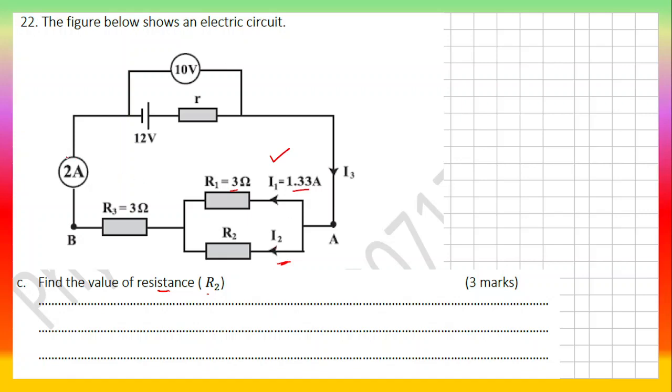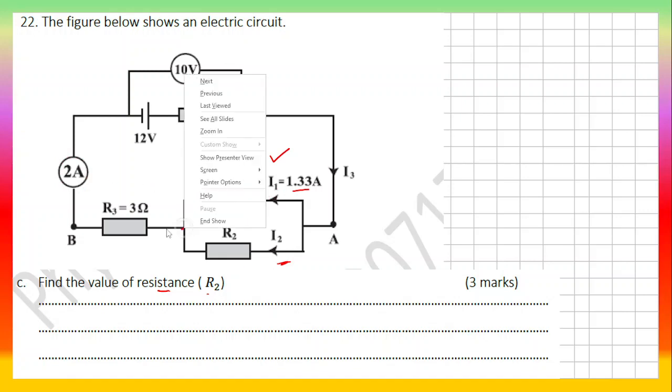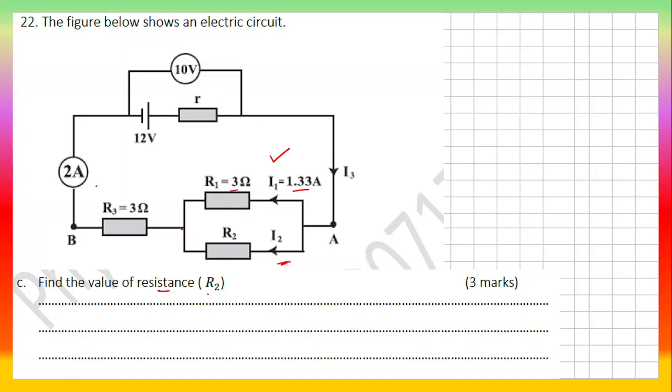The current I1 and I2 will get here and combine to form the current, which is 2 amperes here. So if you add I1 plus I2, you're supposed to get 2 amperes. So I2 will be equal to 2 minus I1, which is 1.33.